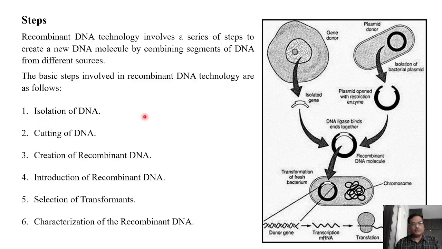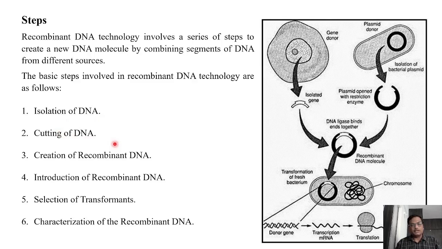Once the DNA is isolated, you are going to cut the gene of interest. Only the specific genes I want to cut. Therefore, we are going to use specific enzymes which are going to cut the required gene only. So endonucleases are the enzymes which are used for this purpose.